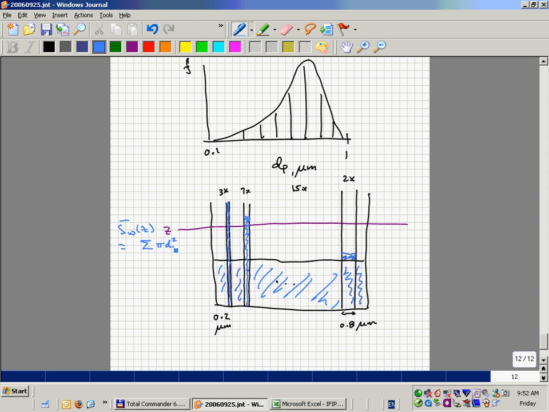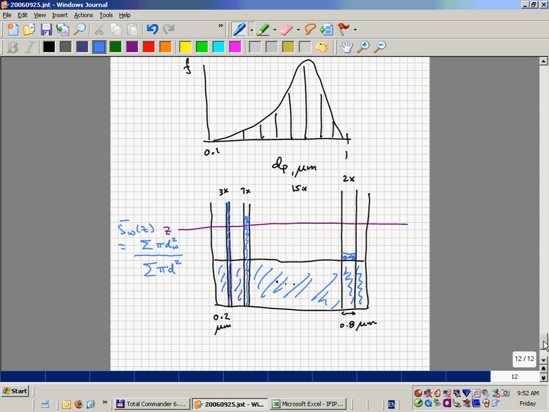I'll just write that W. Any capillary that's filled with water, it's the sum of those areas divided by all of the capillaries. Okay? That's the average water saturation at that depth.